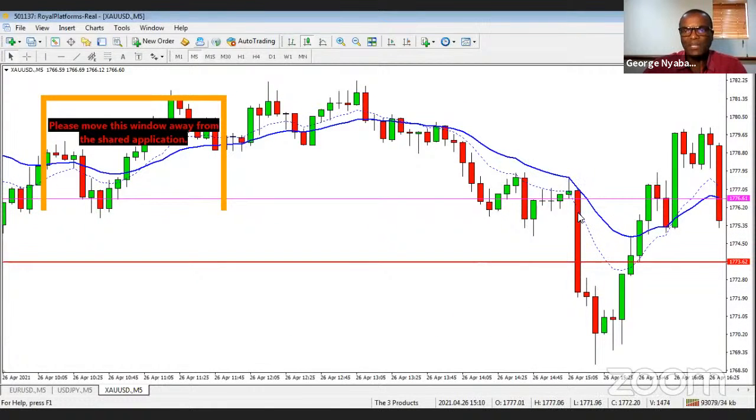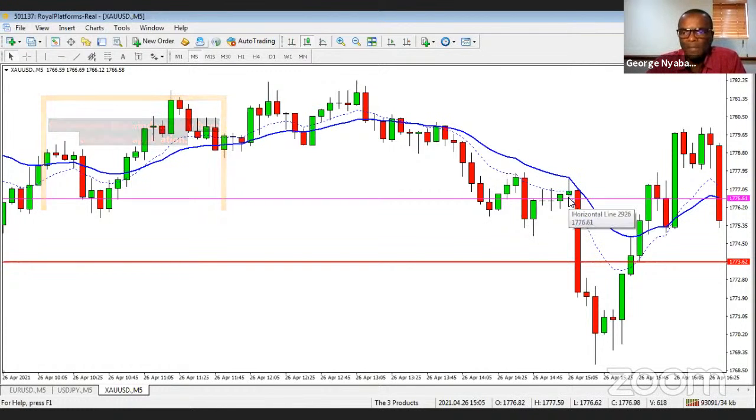Here's another one which I wouldn't have taken. It looked pretty beautiful when it's done, but had that been a candle that we have wanted, we would have taken that particular trade. So we would have taken it there.